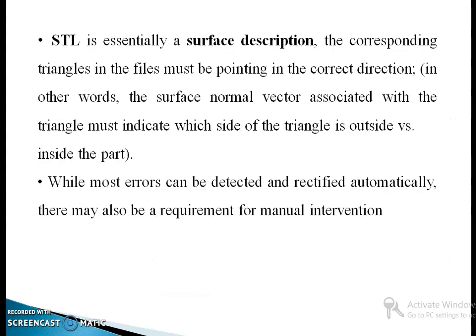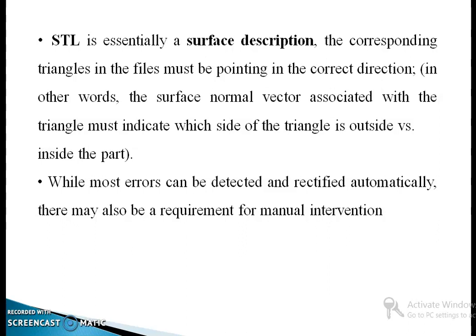In this, STL is essentially a surface description. We have to describe the surface, whether it should be a smooth or triangular surface. The corresponding triangles in the file must be pointing in the correct direction. In other words, the surface normal vector associated with the triangle must indicate which side of a triangle is outside versus inside.